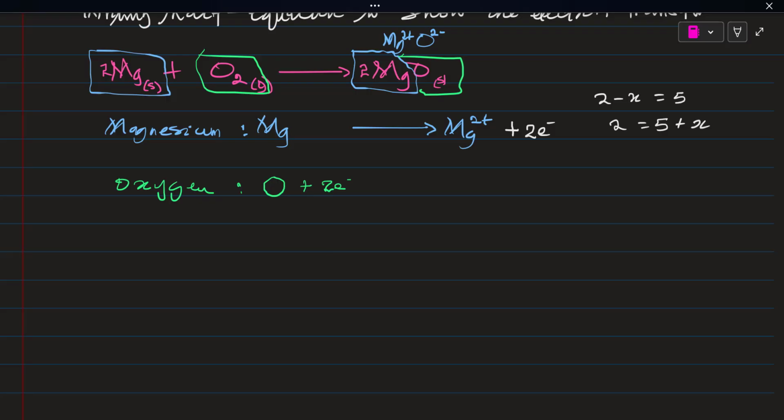And it is also very easy because up here we can easily see that magnesium loses 2 electrons. That electron that is lost by magnesium is what oxygen gains here. Oxygen gains 2 electrons to become the oxide ion, O2-.